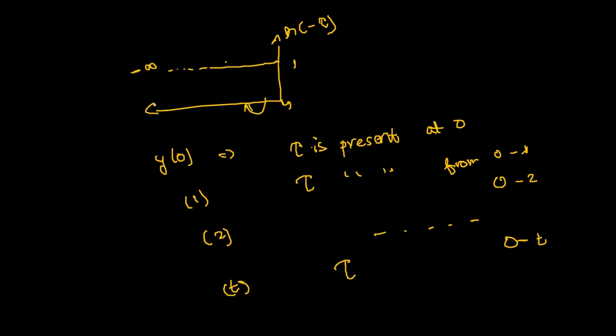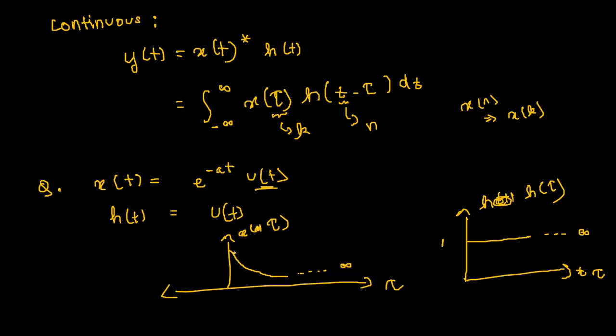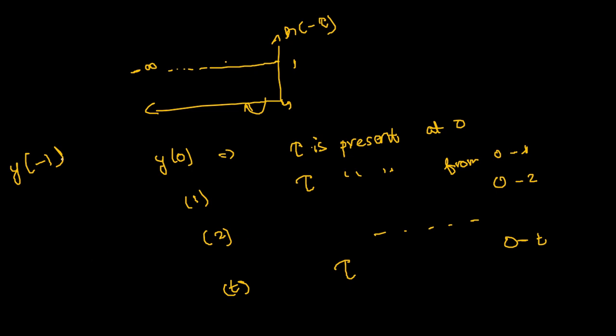If we take y of minus 1, there will be no common region because this graph has been shifted away from the origin, and the x of tau graph is starting from the origin itself. So for y of minus 1, y of minus 2, and everything, for all of these the value is 0 because shifting to the left means that there is no common region, so you end up getting 0.